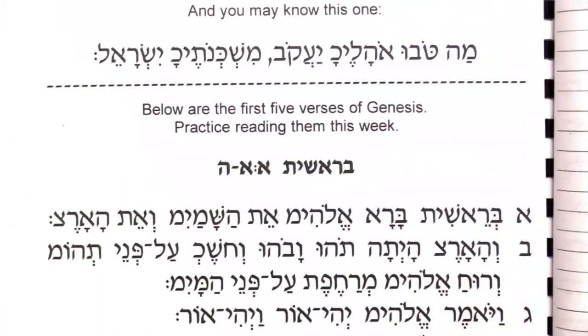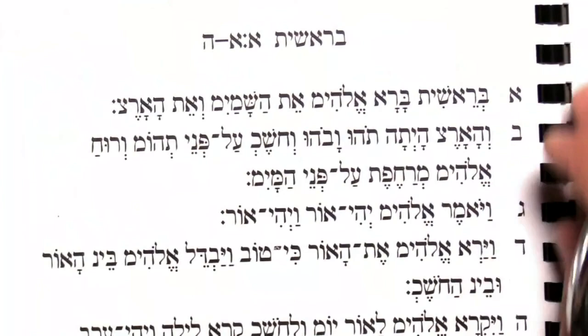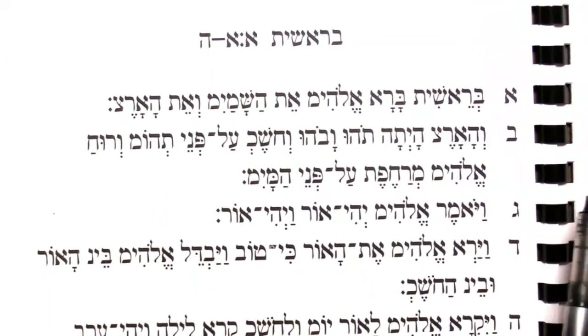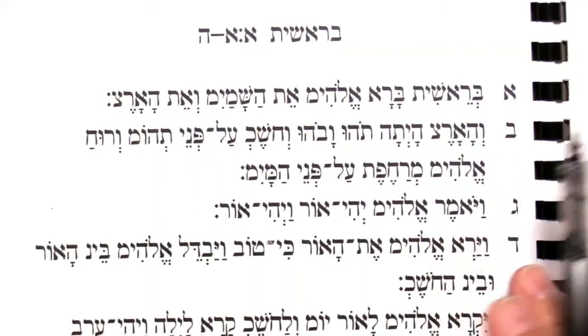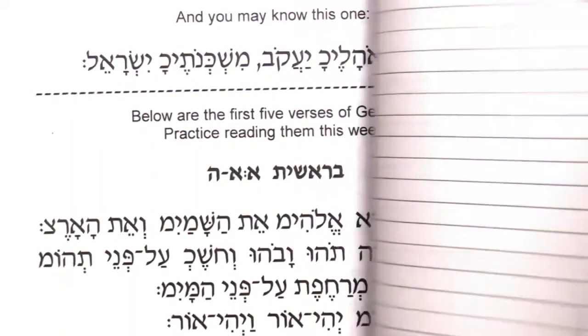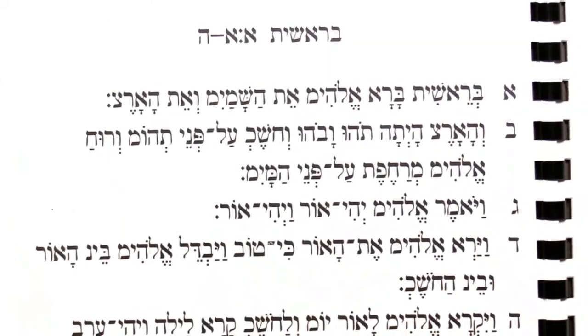The font we've been using so far in this book is pretty plain Jane, straightforward, it's simple to write, and so I've used it for us to learn. But once again, when you look in a Hebrew Bible, this is the more traditional font you will see. So practice reading from this as well.